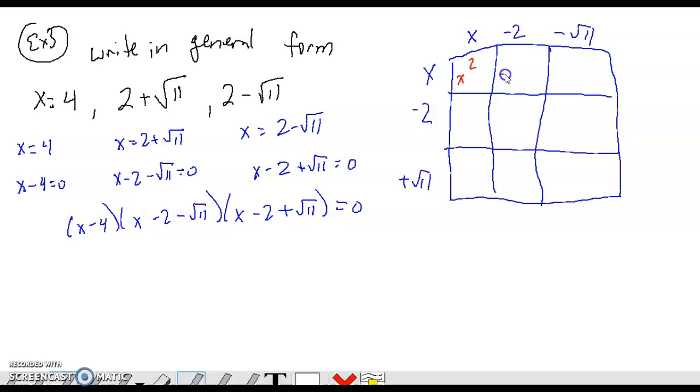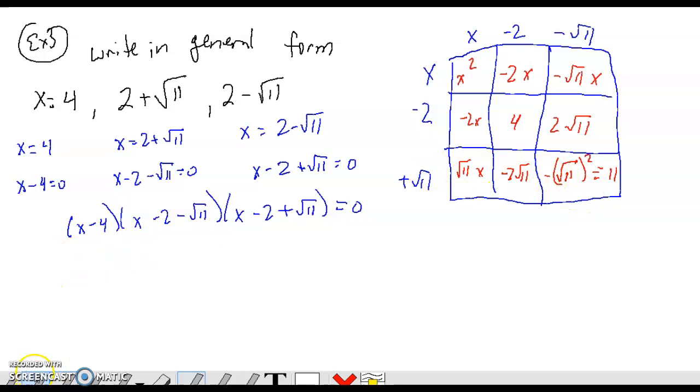So x squared, minus 2x, minus root 11 x, minus 2x, plus 4, and then a positive 2 root 11, root 11 x, minus 2 root 11, and then minus root 11 squared, which is just going to give us a positive 11. Oh, sorry, negative 11. So negative 11 is what I meant to say.